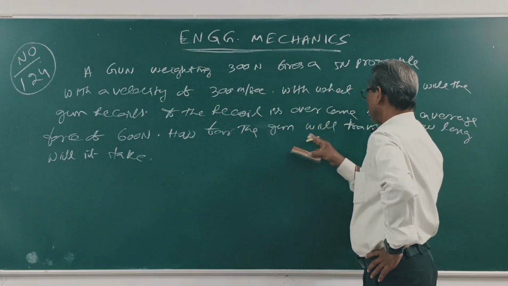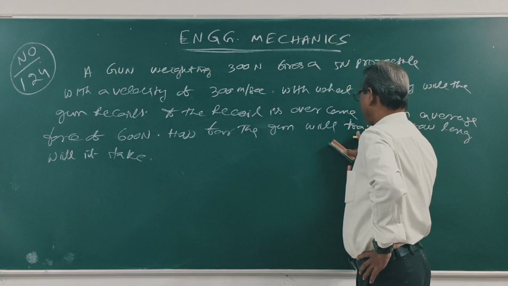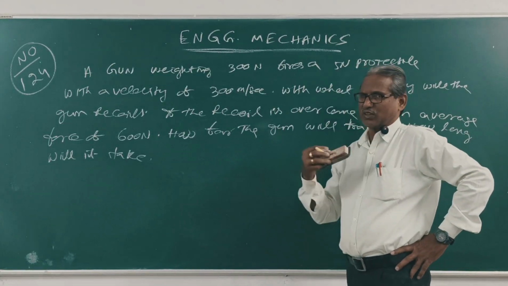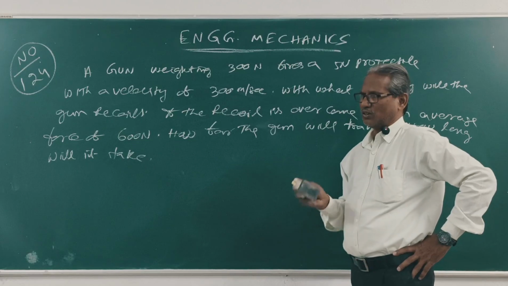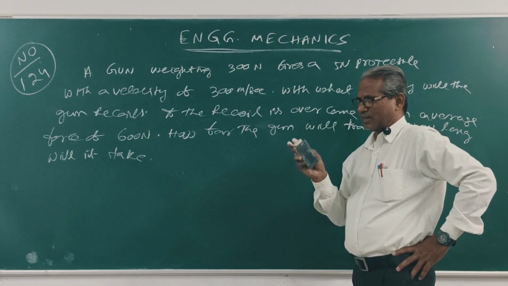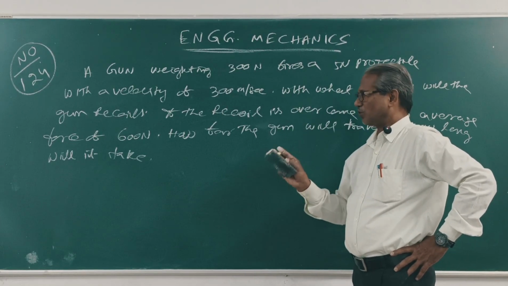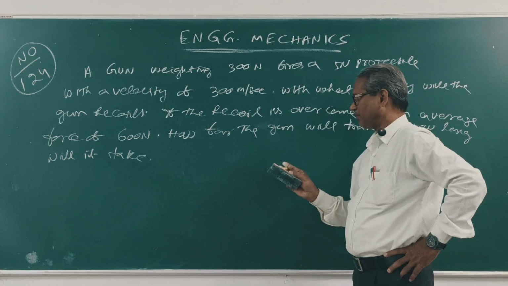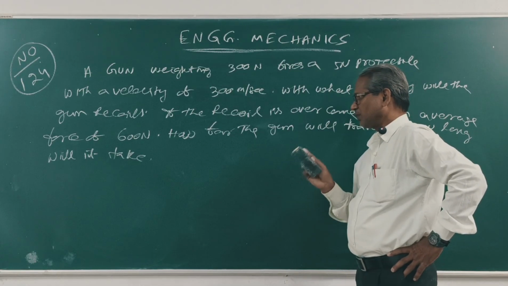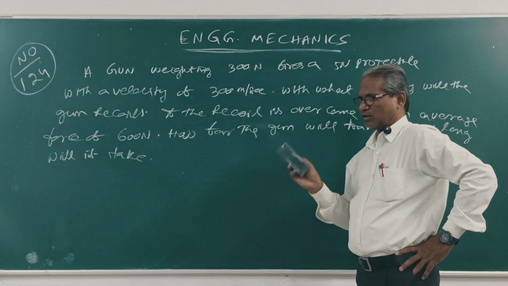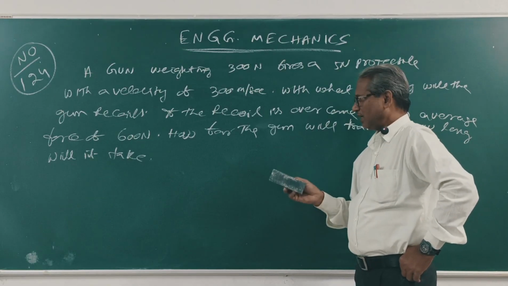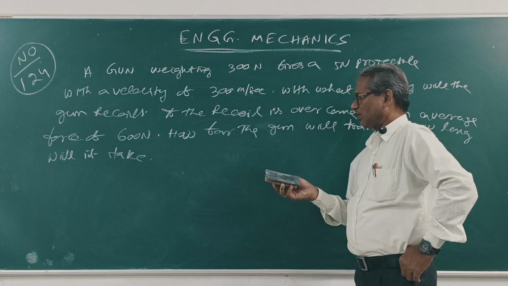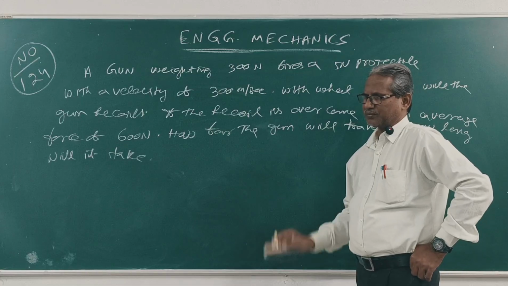How far will the gun recoil travel, what distance, and how long will it take? Time taken and distance travelled, both are easy. Clear? First find the velocity of recoil of the gun, then the distance travelled, then the time taken to travel this distance.